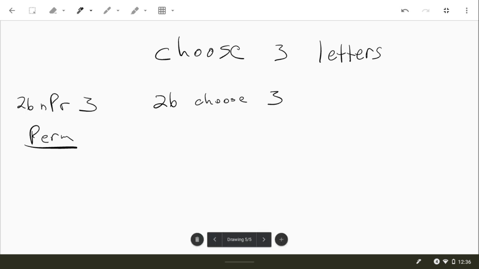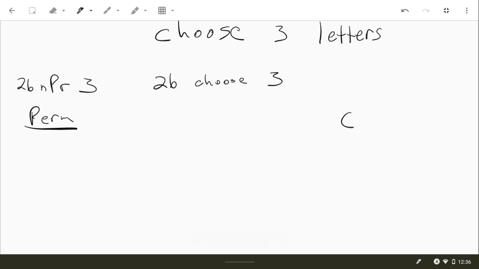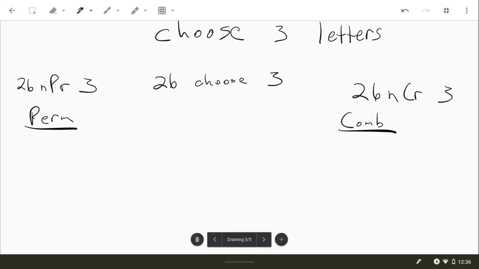And then on the combination side, it'd be the same idea. You would say 26 nCr 3. So from the 26 letters, you're going to select 3 of them.